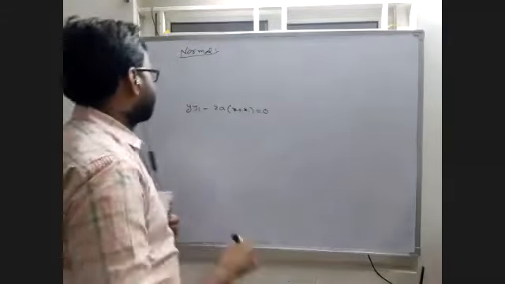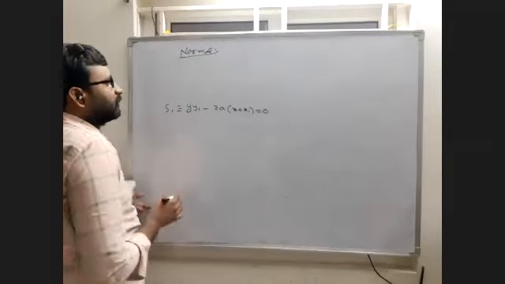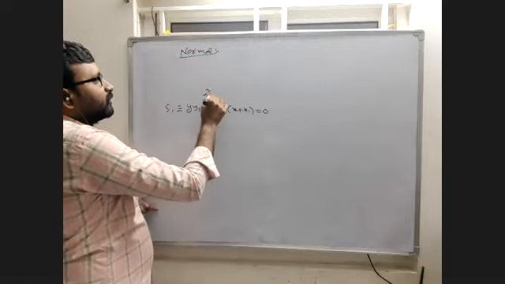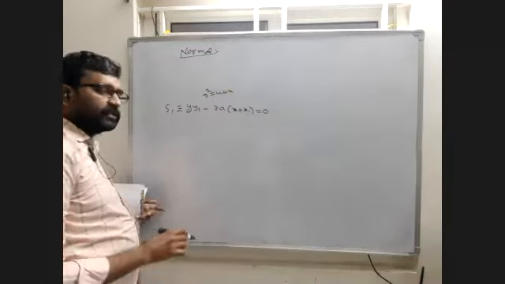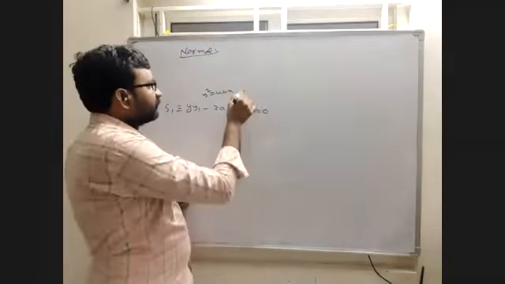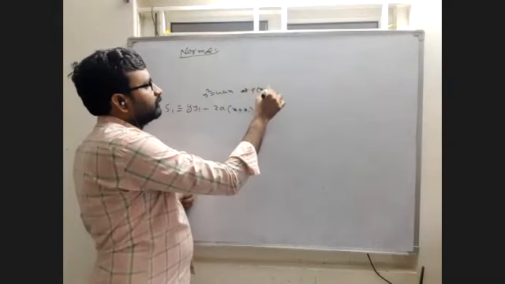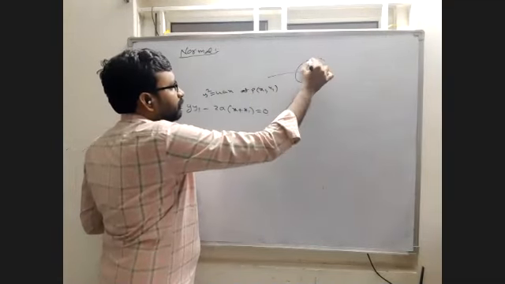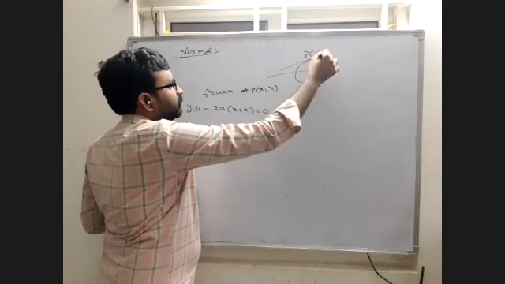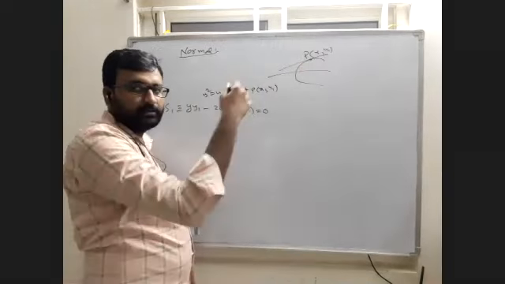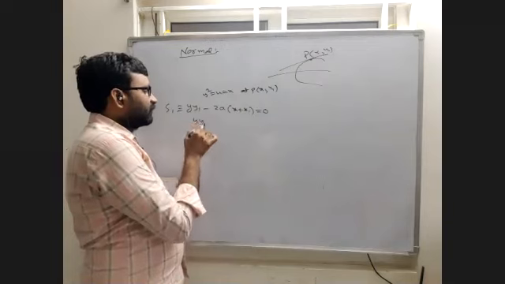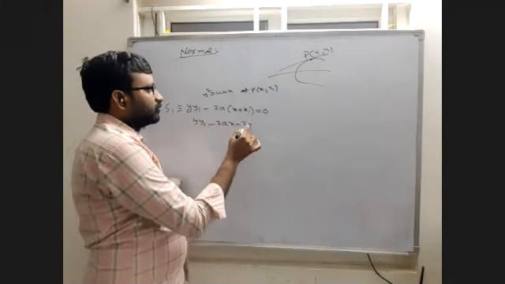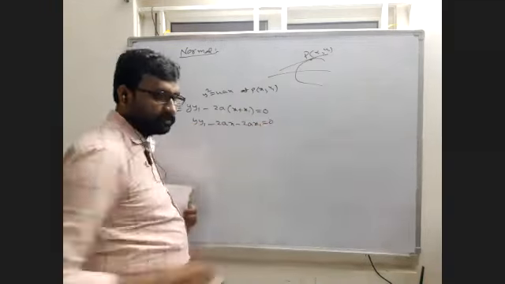This is the equation of tangent, S1 equal to 0, for the parabola y square equal to 4ax at the point P(x1, y1). If you expand this, y y1 minus 2ax minus 2ax1 is equal to 0.